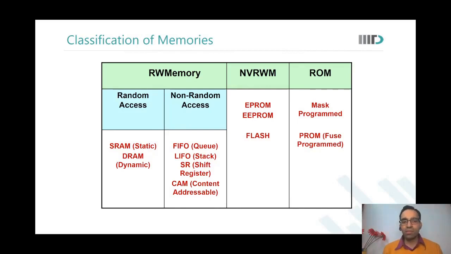So this is about the DRAMs and SRAMs, but there are also non-random access memories that we have in our system. So FIFO, what does FIFO stand for? First in, first out. Where do you think a FIFO would be used in a system?